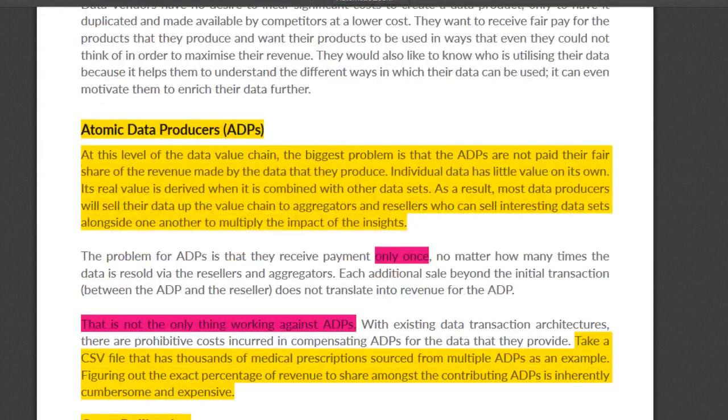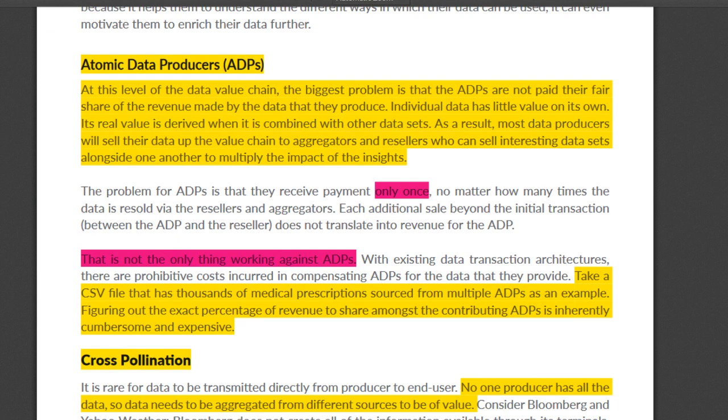Absolutely. So this is more naming of three-letter acronyms. This one's only used a couple more times in the paper, but just so you don't get lost, ADPs are atomic data producers. The reason they're using that terminology is it's the smallest unit of measure for data production. So at this level, the biggest problem is that small data producers are not paid their fair share of revenue made by the data that they produce.